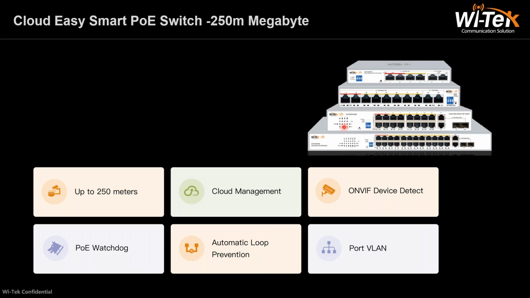We also put this function into our Cloud Easy Smart PoE switch, and this PoE switch not only supports and extends the UTP cable transmission to 250 meters, but also supports PD Alive, the PoE watchdog function, and automatic loop prevention and port VLAN and port isolation.